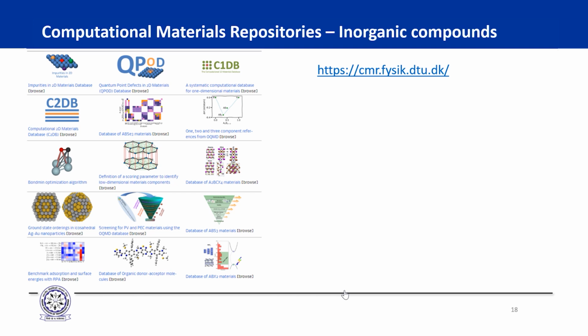So I really urge you to visit this particular website that I have cited over here, and you will find the links to a vast assortment of materials data. Mostly this would be great if you're looking at the physical and the chemical properties. Again, not so much for the metallic alloys, but really great if you want to look at quantum properties and different types of compounds and so on.